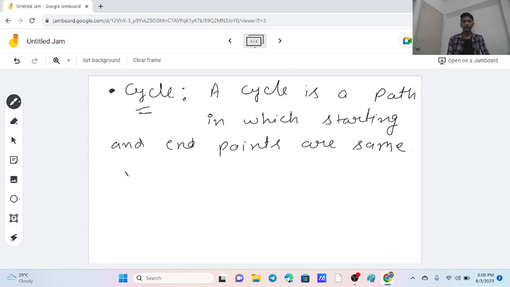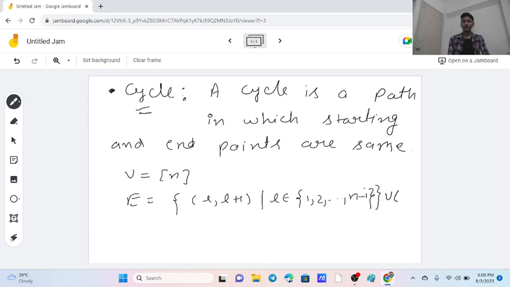Here, how will we define the vertices? Same as before, 1 to n. And how will we define edges? Just {l, l+1}, where l belongs to 1, 2, up to n minus 1, union {n, 1}.